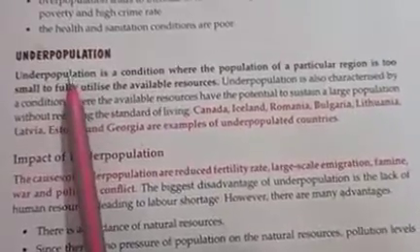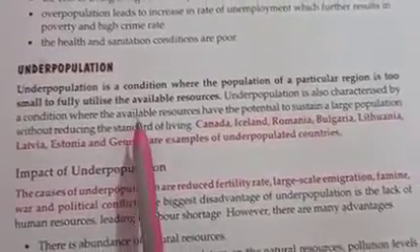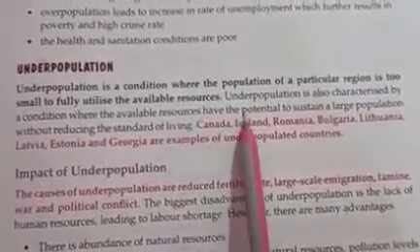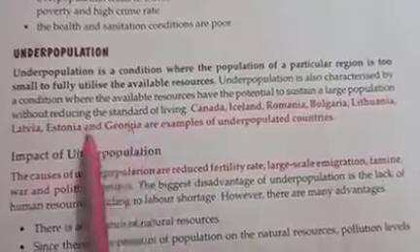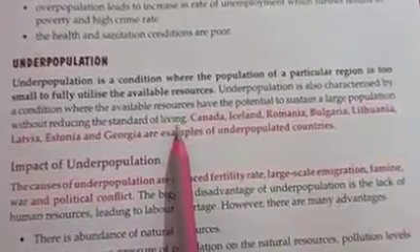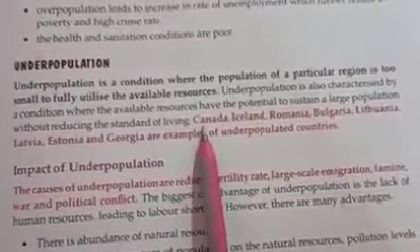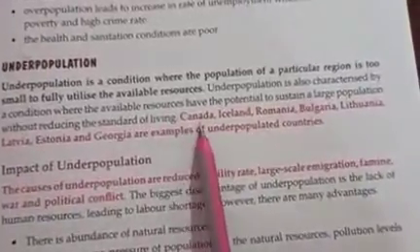So underpopulation is just the vice versa of overpopulation, because here the natural resources are comparatively more than the population, and these natural resources have the potential to sustain a large number of people without reducing the standard of living. Such nations can serve more people because they have comparatively more natural resources. And here the examples are Canada, Iceland, Romania, Bulgaria, and so many.